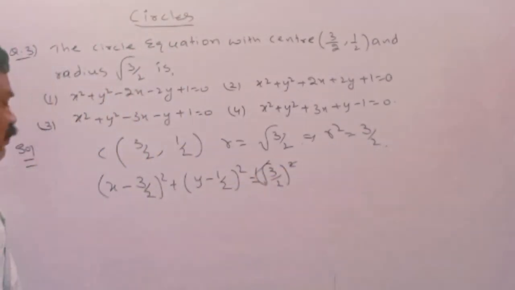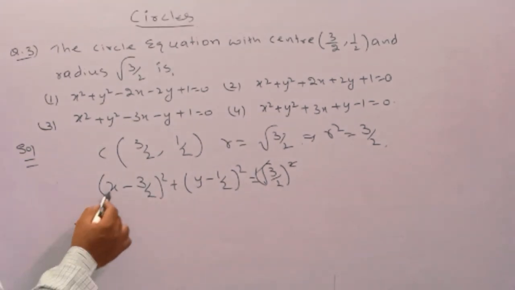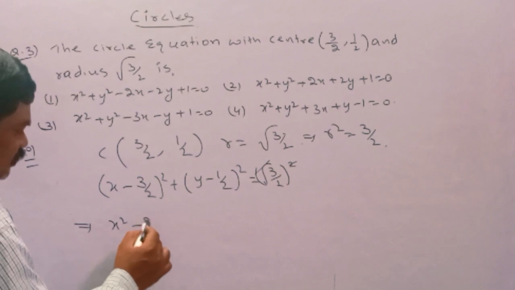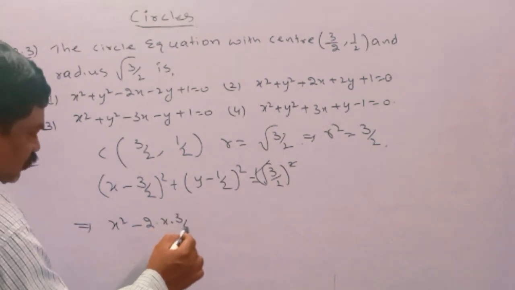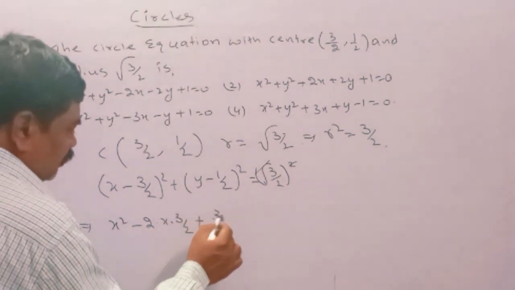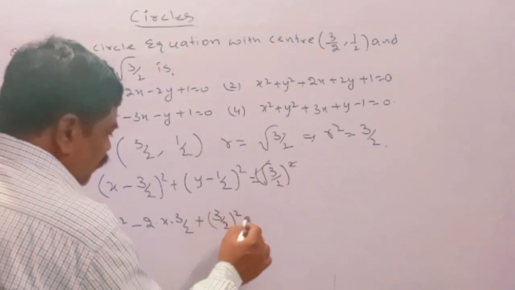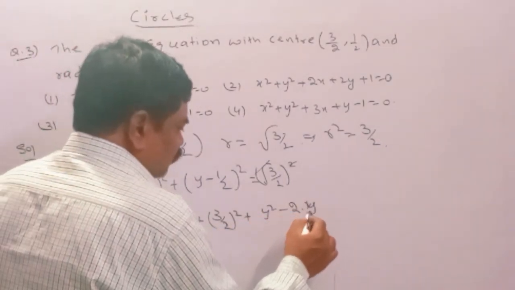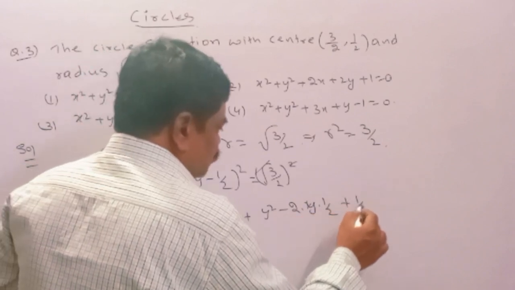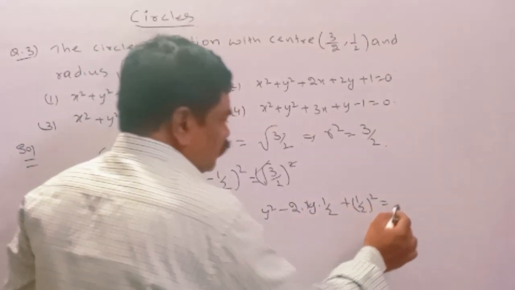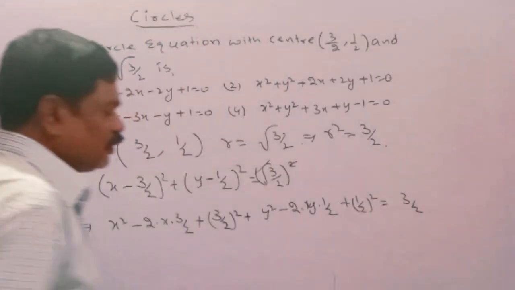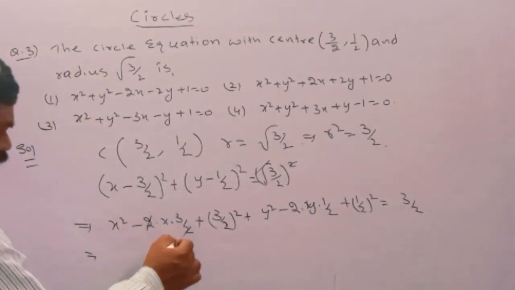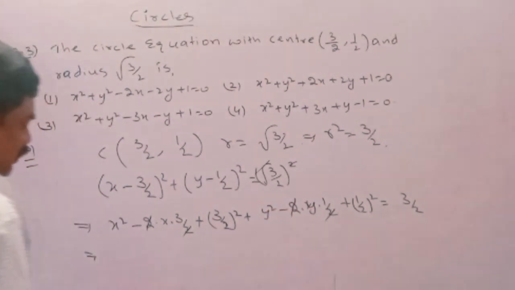Square root cancels. Then x square minus 2 into x into 3 by 2 plus 3 by 2 whole square, plus y square minus 2 into y into 1 by 2 plus 1 by 2 whole square equal to 3 by 2. Okay, all of you. So here you see, the 2 gets cancelled. Here also the 2 gets cancelled.